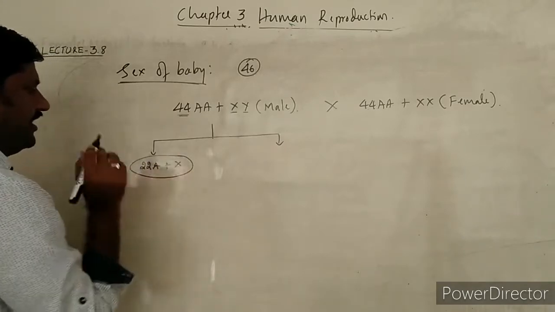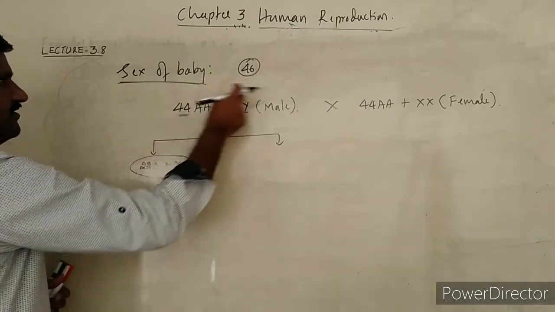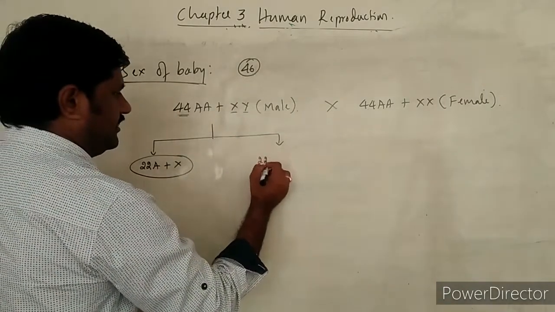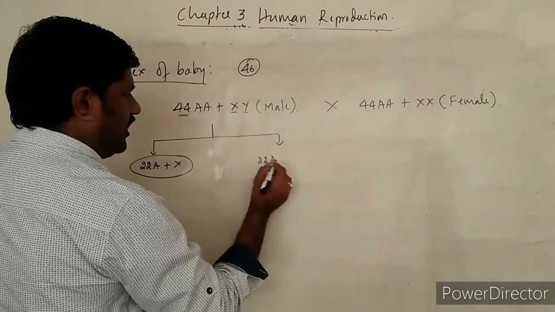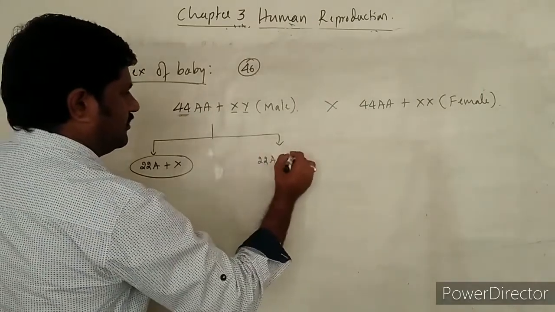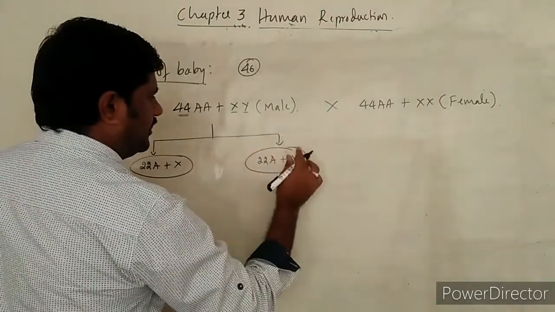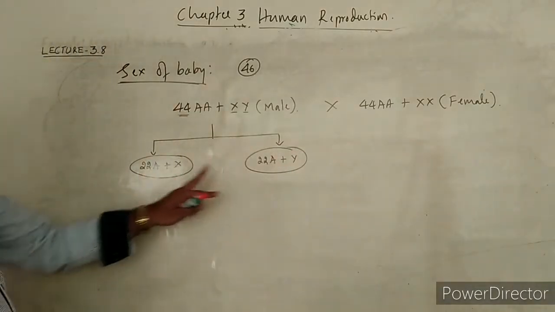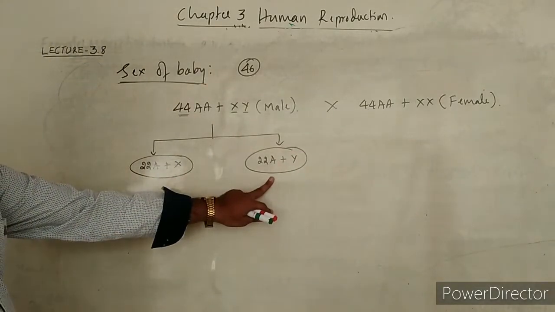This is one gamete or sperm produced from the male parent, and simultaneously 22 autosomes plus Y. This is one more type of sperm produced. There are two types of sperms produced over here.